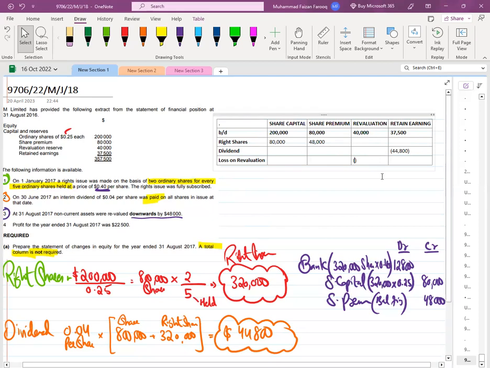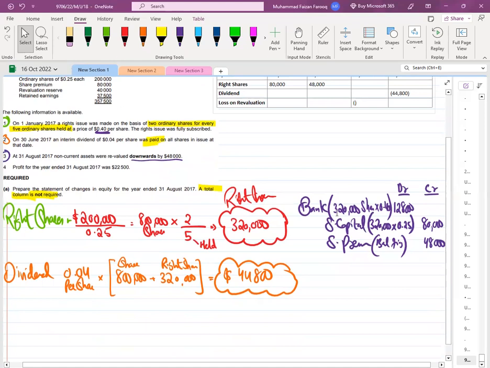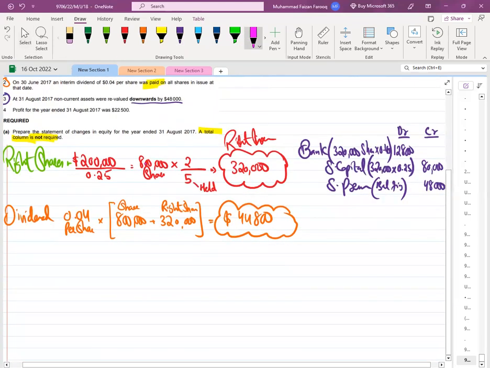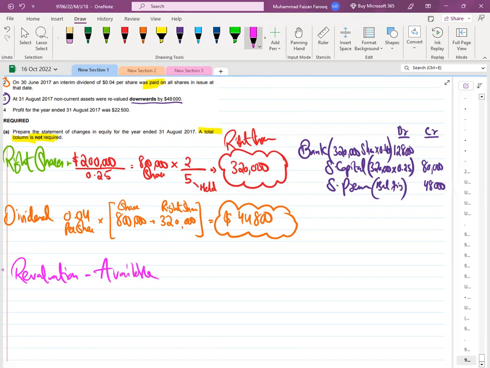Now, how much revaluation do you have? 40,000. Now, be very careful. First time this type of thing we are doing. Okay, solution. I can write available revaluation is how much? 40,000. Am I right or wrong?